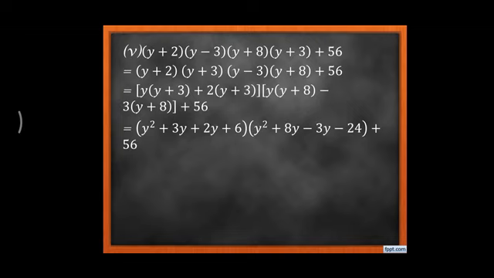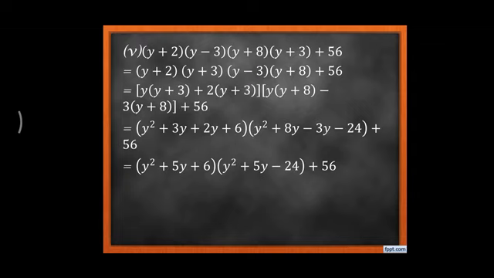So we have y square plus 3y plus 2y plus 6 in the first bracket, then y square plus 8y minus 3y minus 24 in the second bracket plus 56.